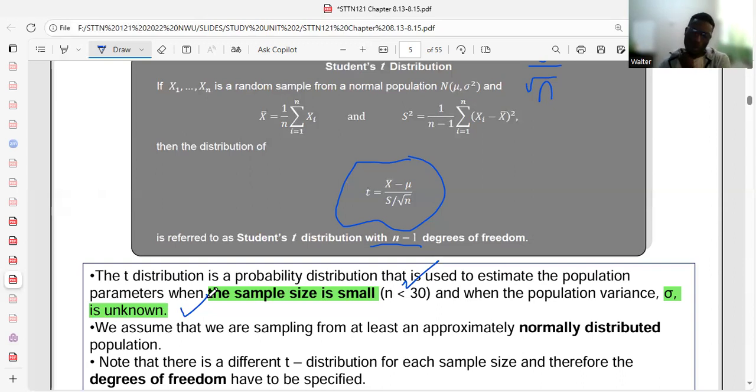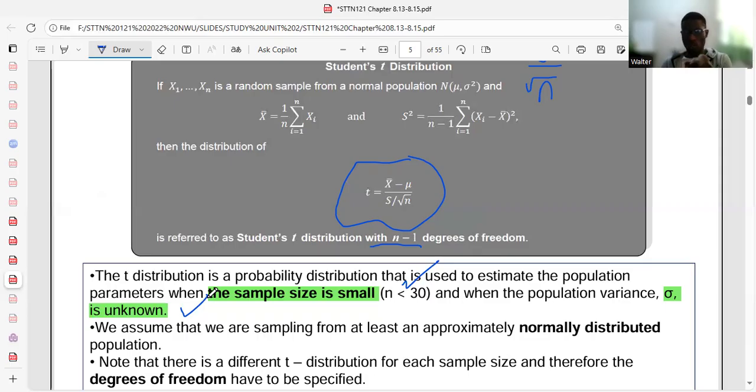Now, I don't remember this well, but I think I was at the tutor SI for STTN121. Someone asked me a question: what if n is less than 30 and the population standard deviation is known?